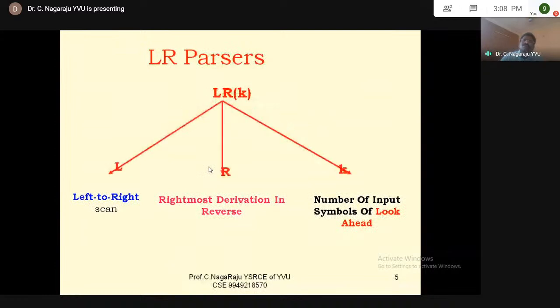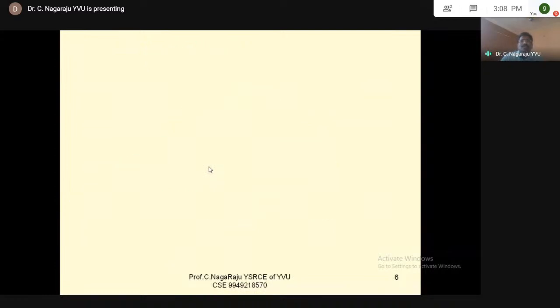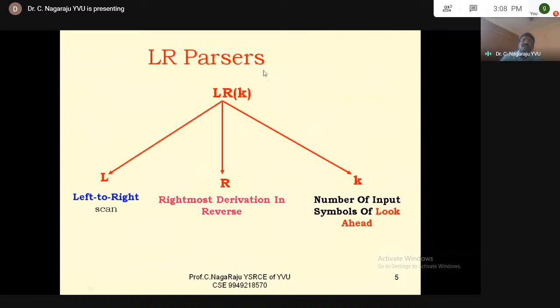There are different types of bottom-up approaches. The first one is the LR parsers. LR means L is left-to-right scan: when you consider the input string, you scan it character by character from left to right. And R means rightmost derivation in reverse, that is, going from leaves to root.